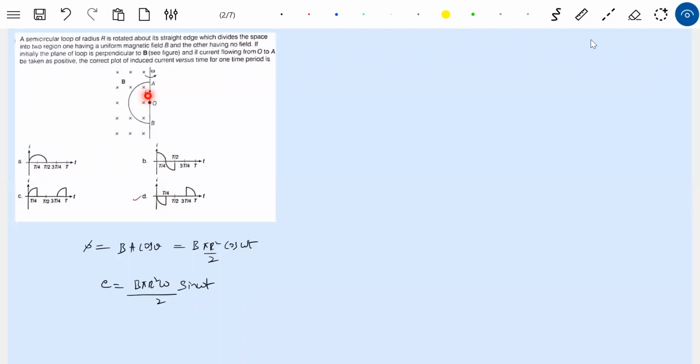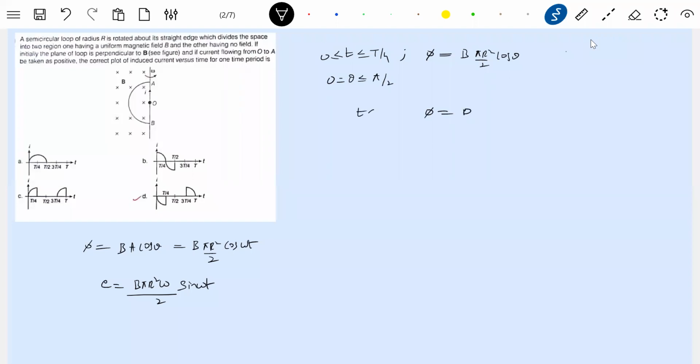First, for 0 to T by 4, the flux linking the loop will be non-zero. In terms of theta, it will be pi by 2 to 0. Afterwards the flux linking will become 0 for what interval of time?